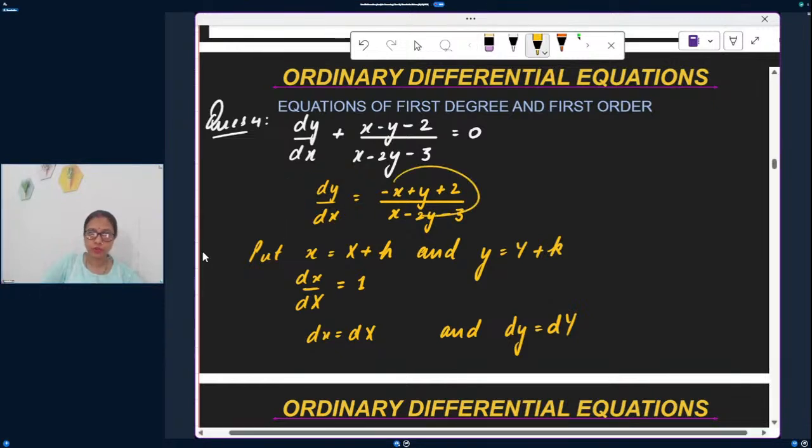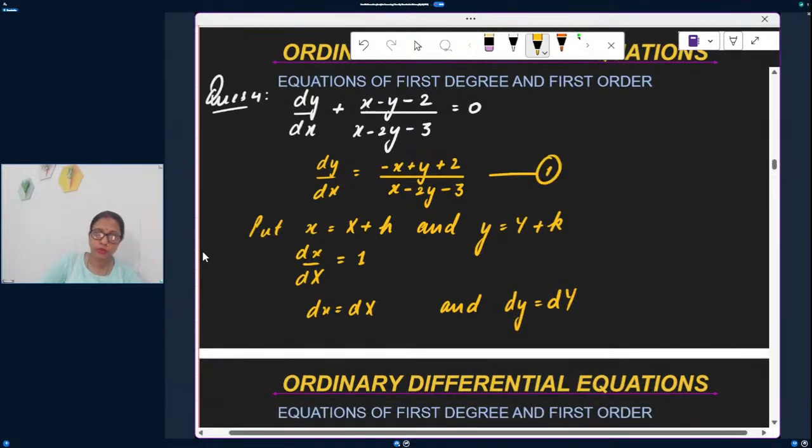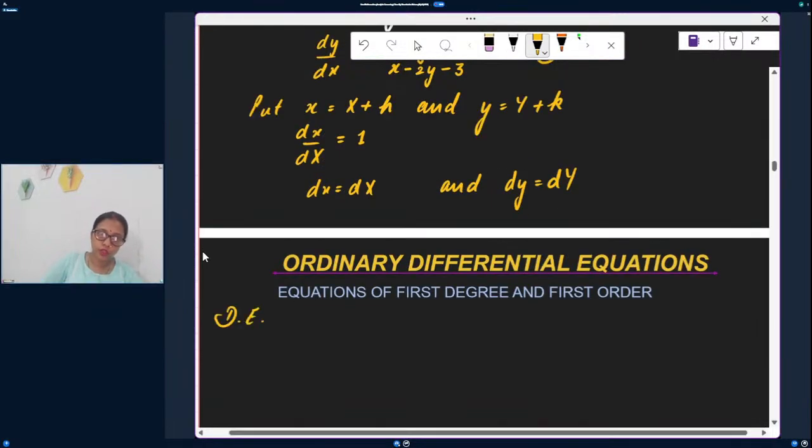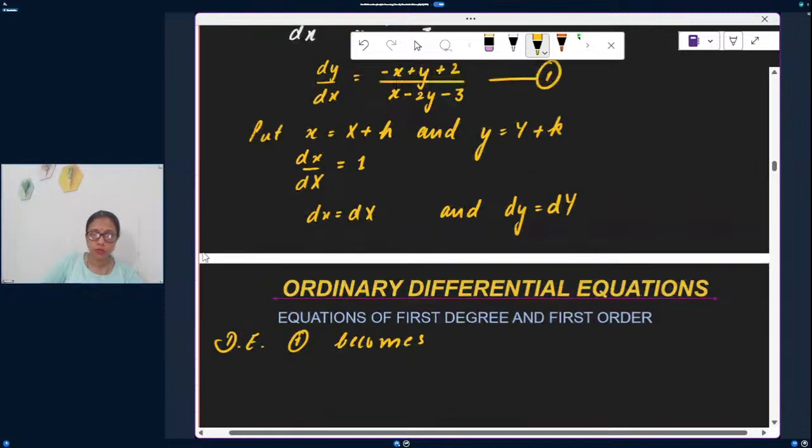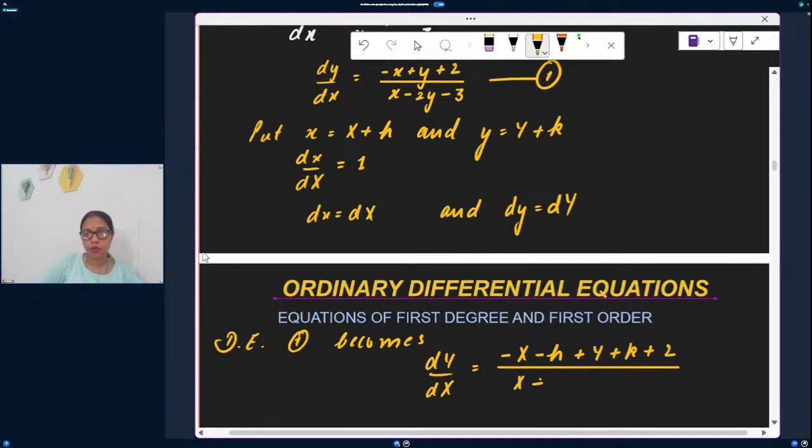And here you will have the substitutions. So differential equation 1 becomes dY by dX is equals to minus capital X minus h plus capital Y plus k plus 2 divided by capital X plus h minus 2Y minus 2k minus 3.